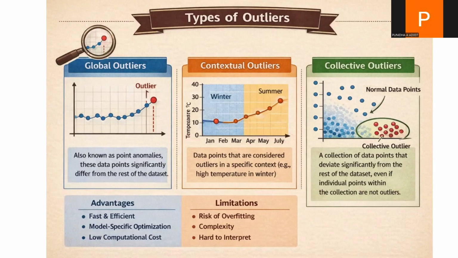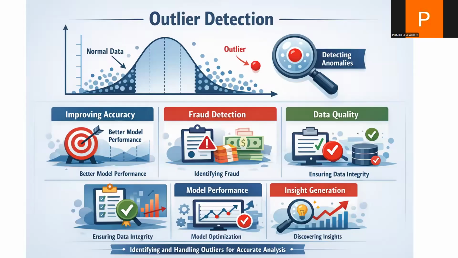Outlier detection. Outlier detection is the process of identifying observations or data points that significantly deviate from the majority of the data. Outliers can distort statistical analysis, leading to erroneous conclusions and misleading interpretations.